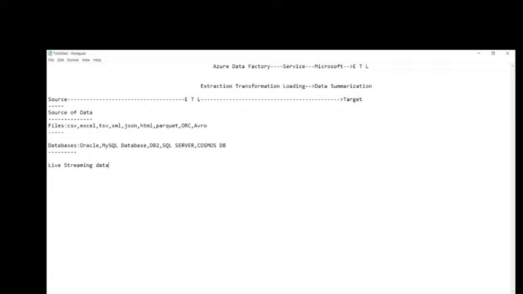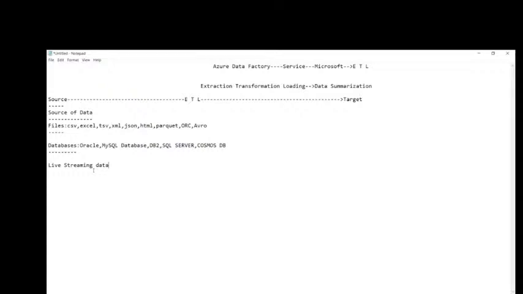Or for example, a live cricket match: the score changes every minute or every 2 minutes. Likewise, constantly changing live data is nothing but live streaming data.